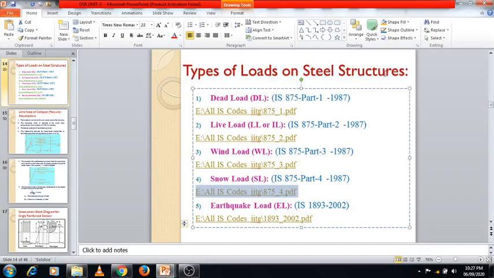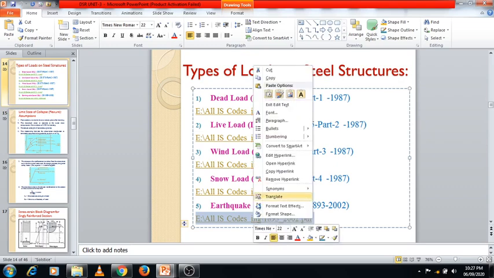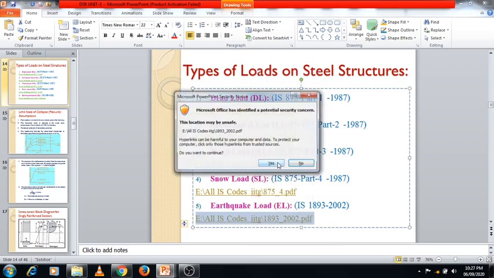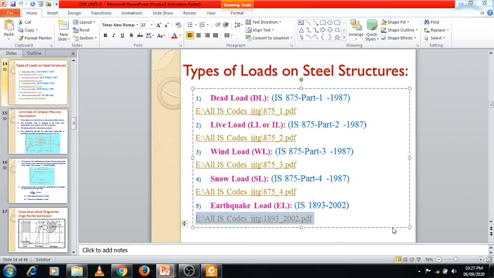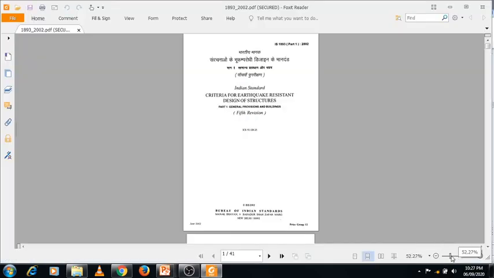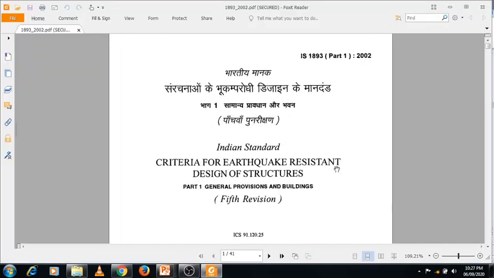And the last one is the earthquake load. For that we are referring to IS 1893, 2002. So let us see this IS code also. Actually this IS code 1893 is again divided into 5 parts, that is Part 1, Part 2, Part 3, Part 4 and Part 5.